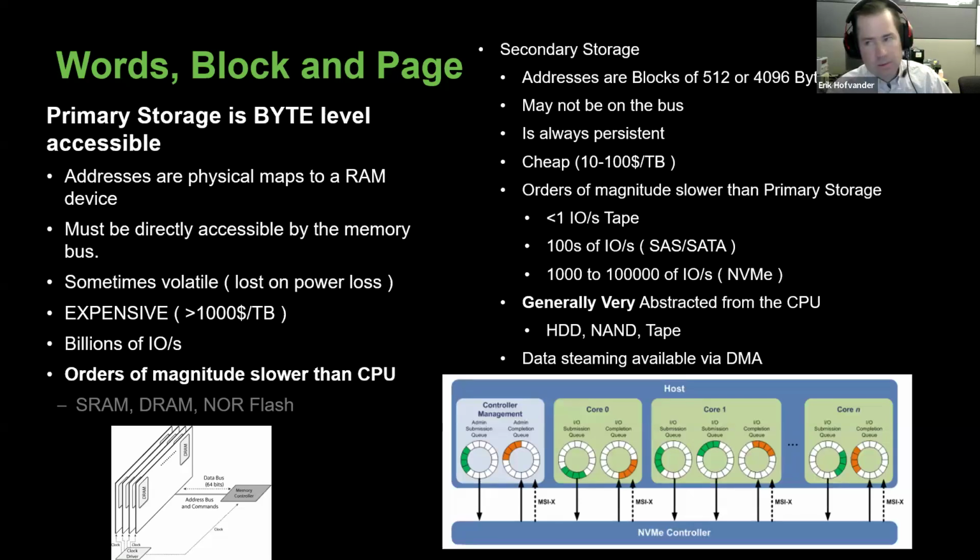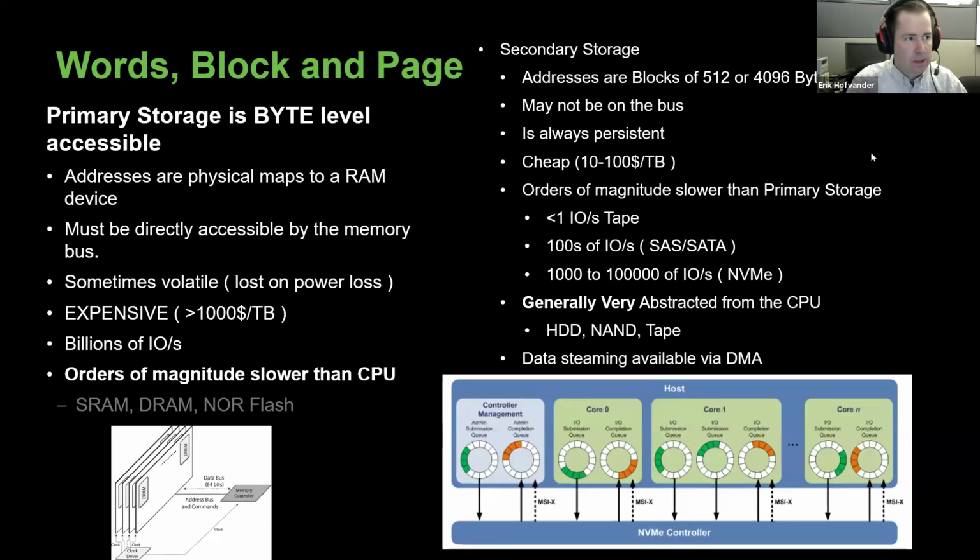Everything needs to be accessible from the memory bus or is internal to the CPU. Generally, when we're working with primary storage, we're very, very IO latency driven, so we have billions and billions of IOs. However, primary storage, external to caches, is still orders of magnitude, hundreds to thousands of times slower than the actual registers themselves.